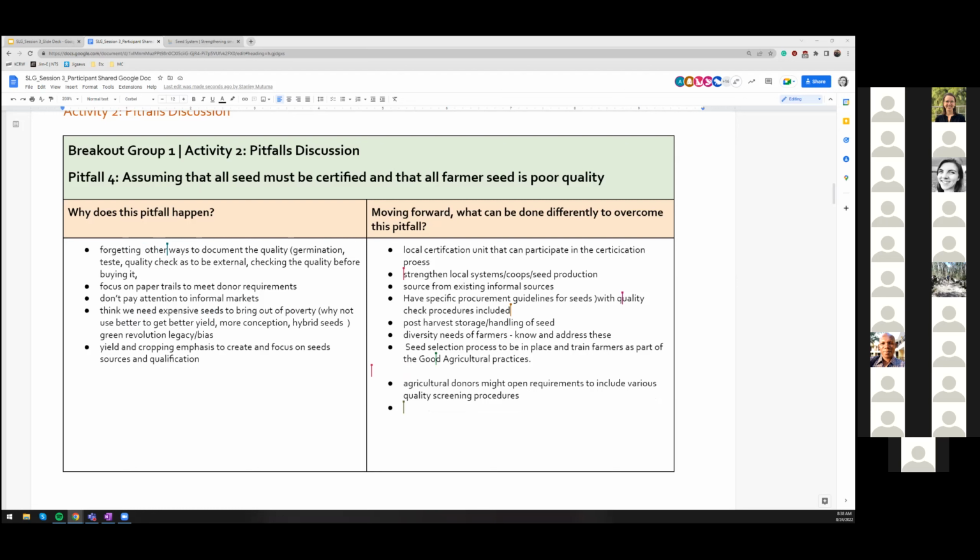They can add those to the chat box, and you can also use the comments function to add comments against the contents of the Google Doc. So feel free to do that. I'll go straight to group 1. Whoever is supposed to share with us, please unmute and go ahead. You just have a few minutes, and then we'll get any reactions very briefly again.